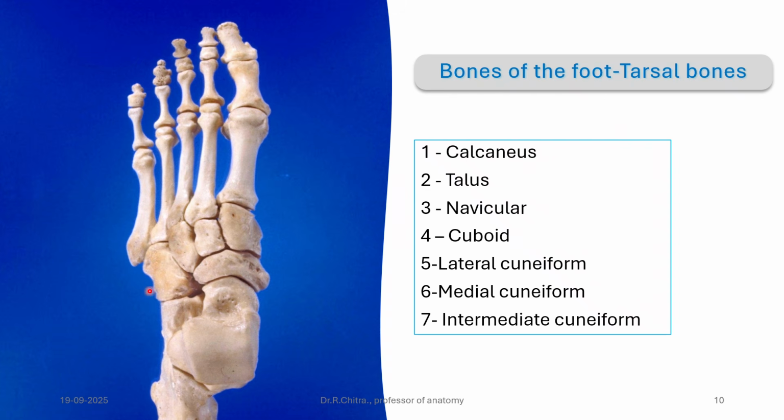If we compare these tarsal bones with the carpal bones, which are arranged in proximal and distal row, the tarsal bones are arranged in proximal, in distal and one intermediate row also. So what are the tarsal bones? We will see now. One is calcaneus, 2 is the talus, 3 is the intermediate navicular, 4 is this cuboid, and 5 is this lateral cuneiform, intermediate cuneiform and medial cuneiform.